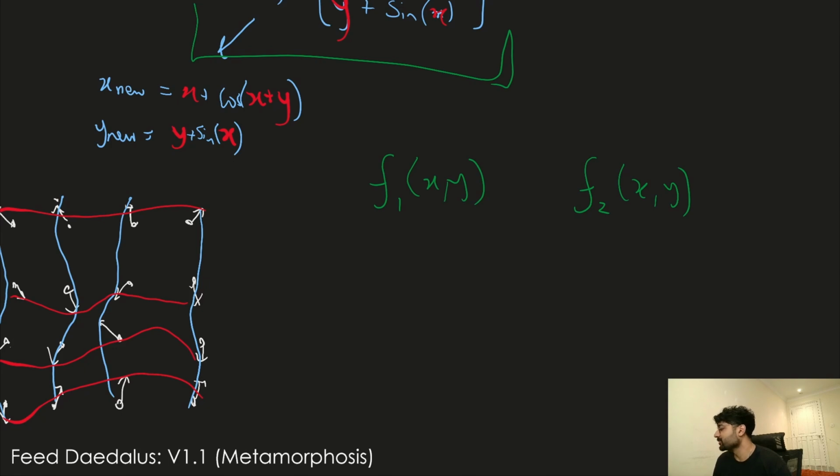For any point on the lattice in the grid, what's the function that we're using to distort it by? It's going to be some proportion of f1 and some proportion of f2. You can think of that slider which I talked about originally. Where are we on that slider?